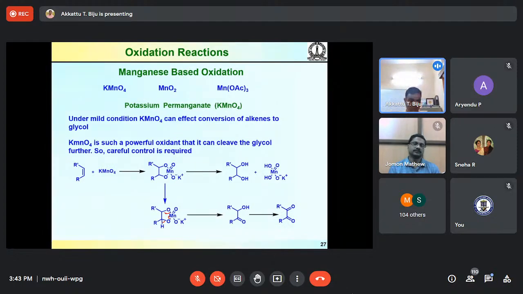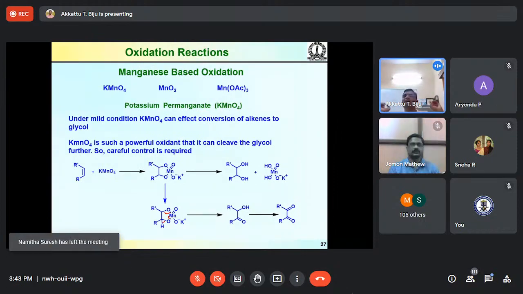So that's all about the chromium containing oxidation reactions. We have seen the Jones oxidation, the merits, the disadvantages, Collins reagent, then PCC, and also the PDC reagent. And we have seen that the most important reagent is most likely PDC, the pyridinium dichromate, which can be used and is very easy to remove because it is a water soluble reagent.